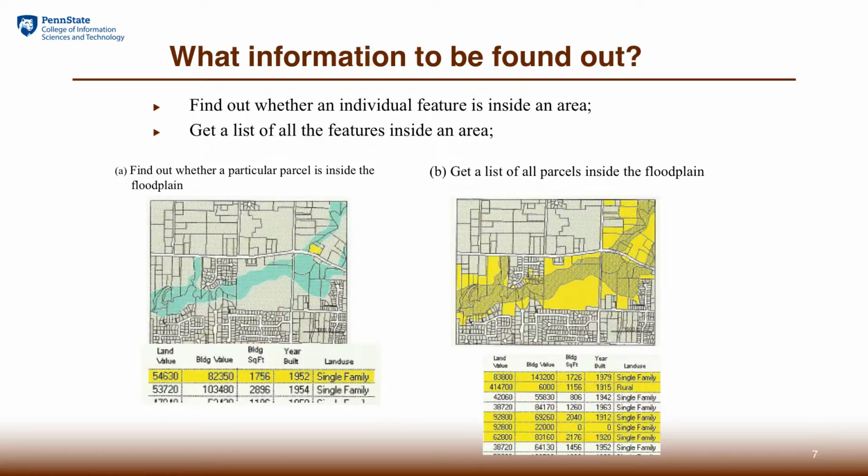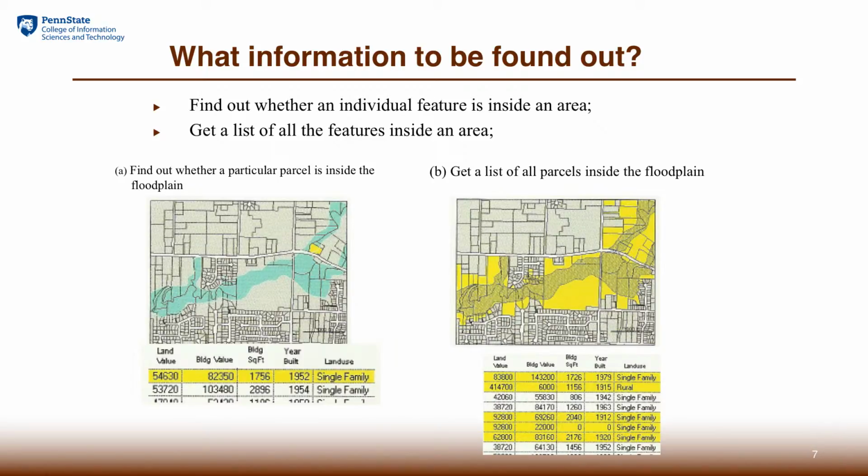One kind of result we want to find out is whether a parcel I'm interested in, for example my home, is in the floodplain, or if the house I'm going to buy is part of this floodplain. So you're looking at a particular parcel, and your answer is whether it's true or false. That's pretty easy to do with the kind of tools we use.